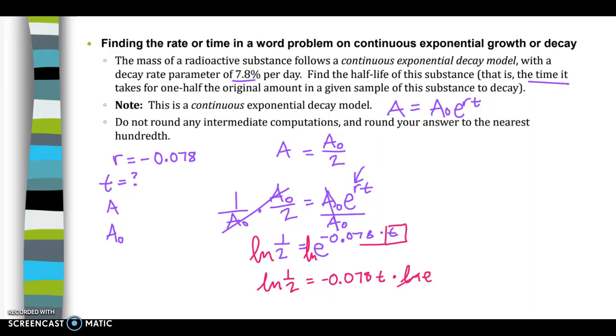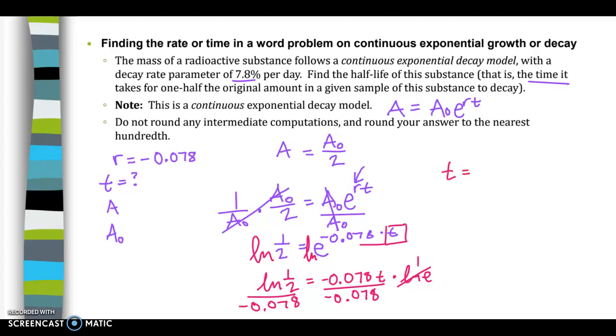And the natural log of e is 1. And then I can divide by negative 0.078. And after some plugging into my calculator, I'll get t.